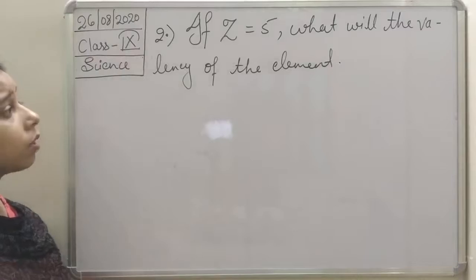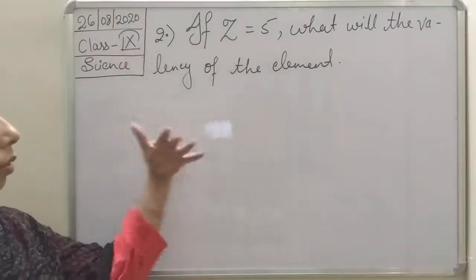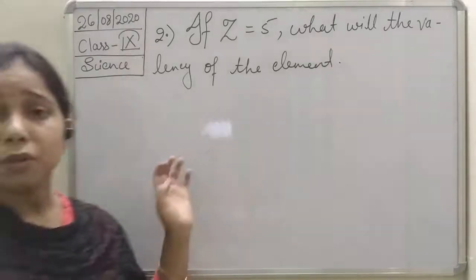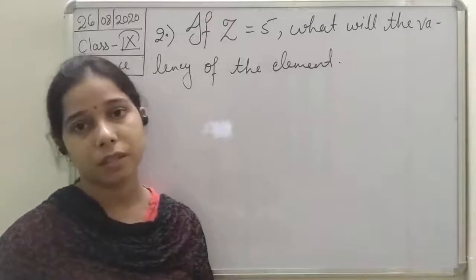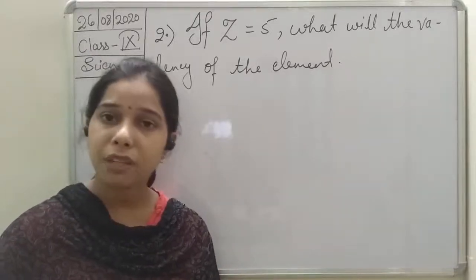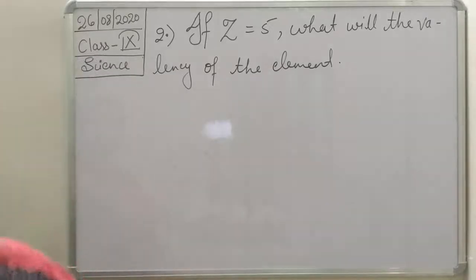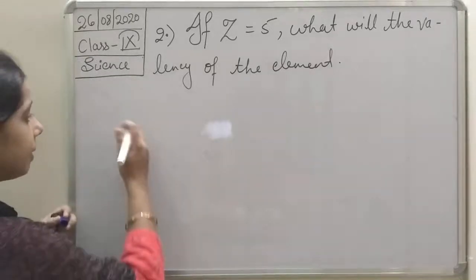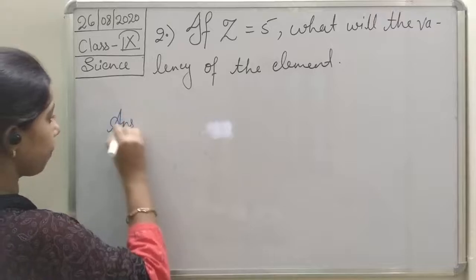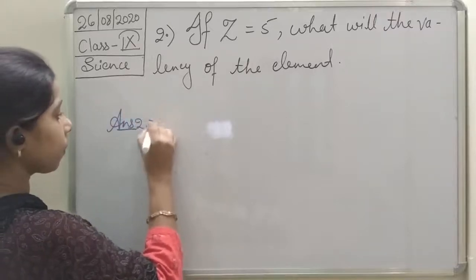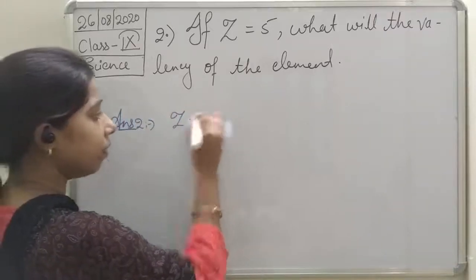Valency of the element. Okay, so you see here, students, if it is like Z equal to 5, Z equal to 7, you simply have to see what the atomic number is, and with the help of the atomic number you can find the valency of the given element. Okay, so you see here, students, what is the valency here? Z is equal to 5.